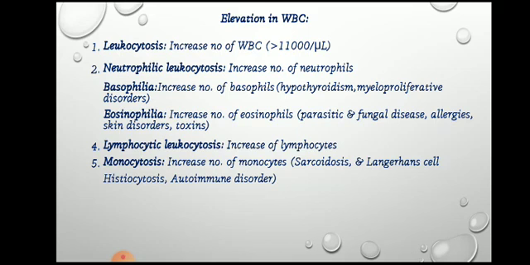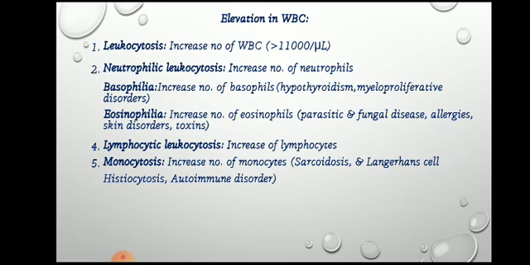Then eosinophilia, an increased number of eosinophils in the blood, which is due to certain parasitic or fungal infections, allergies or skin disorders, or the presence of toxins in the blood that cause an increased number of eosinophils. An increased number of lymphocytes causes lymphocytic leukocytosis.